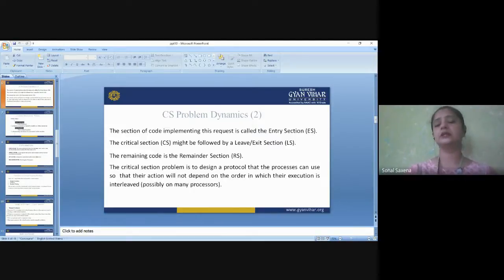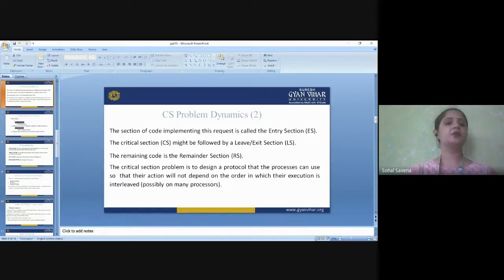That is the reason why the critical section has both an entry section and an exit section. When there is entry through the entry section, it signals that the CPU has become busy with some process and no other process will be allowed to enter. Once the process exits through the exit section, it signals that the critical section is free.